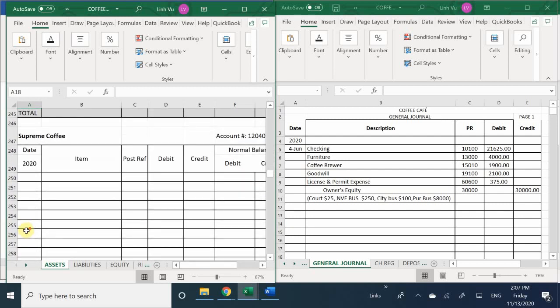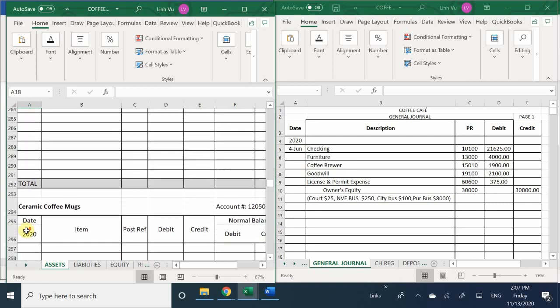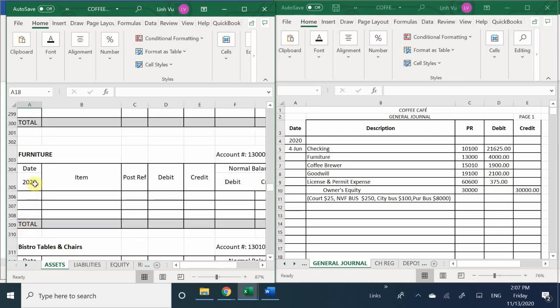Furniture should be right after inventory. Okay, here it is. Account number 13,000 is my furniture. And I'm going to apply the date, June 4th. In this case, I'm not quite sure what I bought, but at least I know that I purchased furniture.